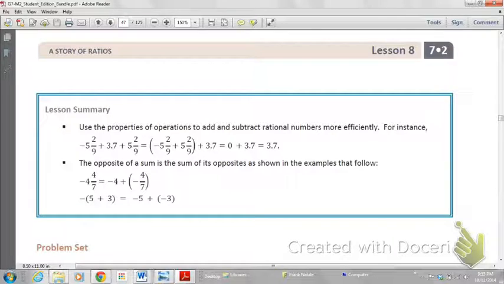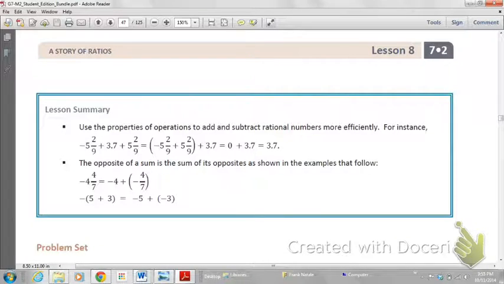So to summarize, the key points we looked at in this lesson: number one, using the properties of operations to add and subtract rational numbers more efficiently.